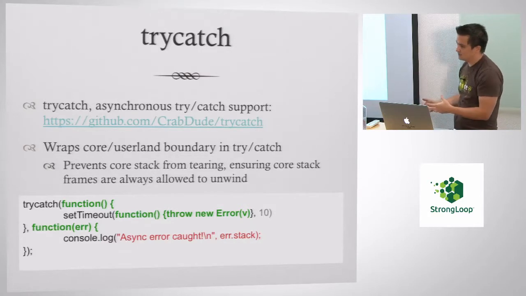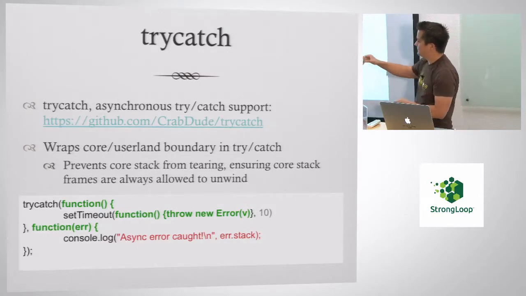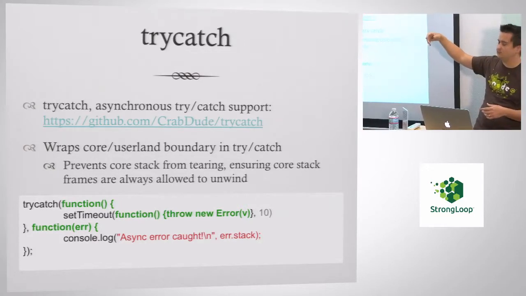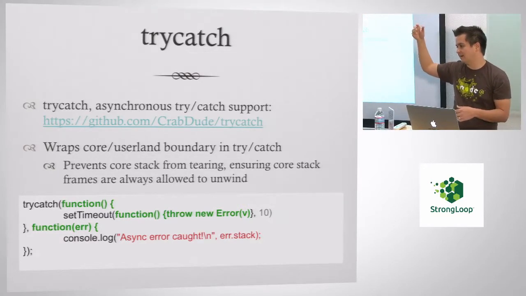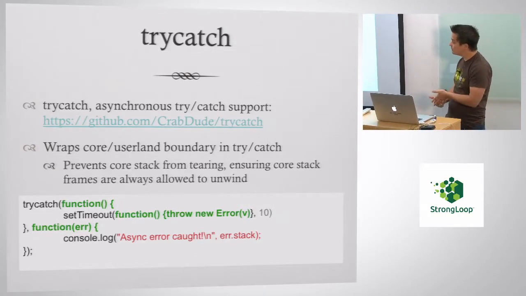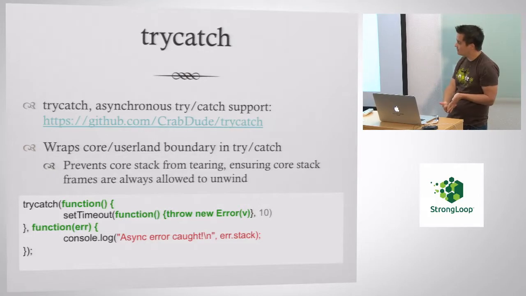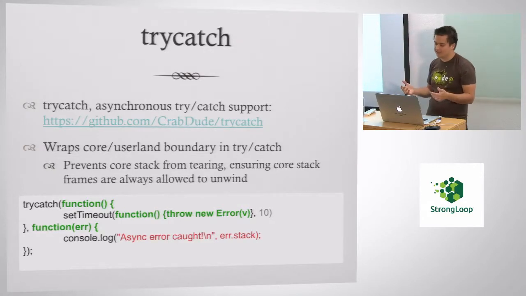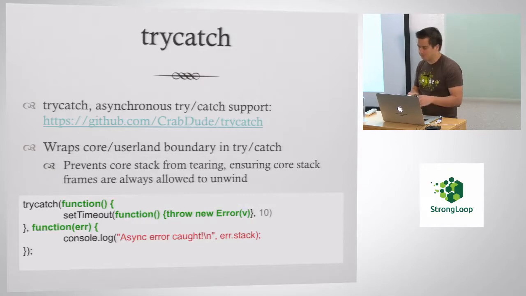But one of the things that it does that's incredibly useful is that it wraps the userland core boundary with a try-catch so that exceptions don't ever tear the core stack. And if we can avoid allowing exceptions in userland from tearing the core stack, then we can probably avoid at least the denial of service liability. That is a 500.